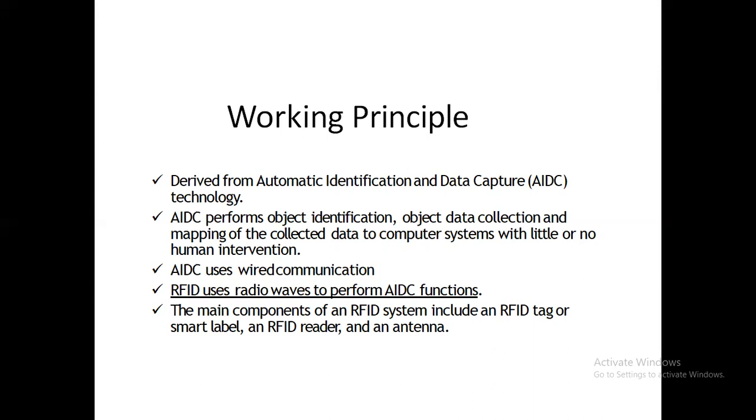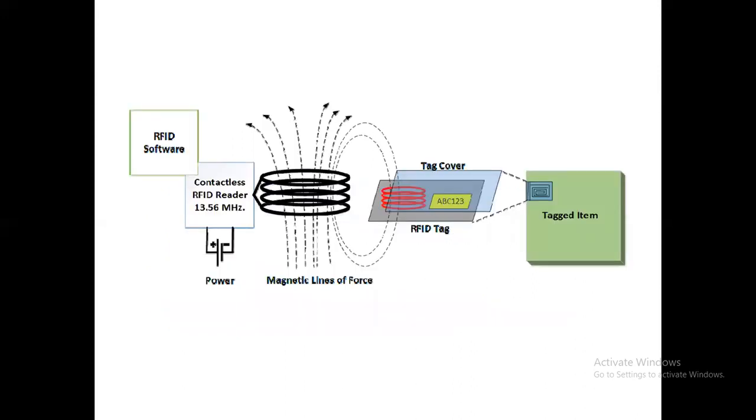The main components of an RFID system include an RFID tag and smart label, an RFID reader, and an antenna. Okay, so look at this diagram.